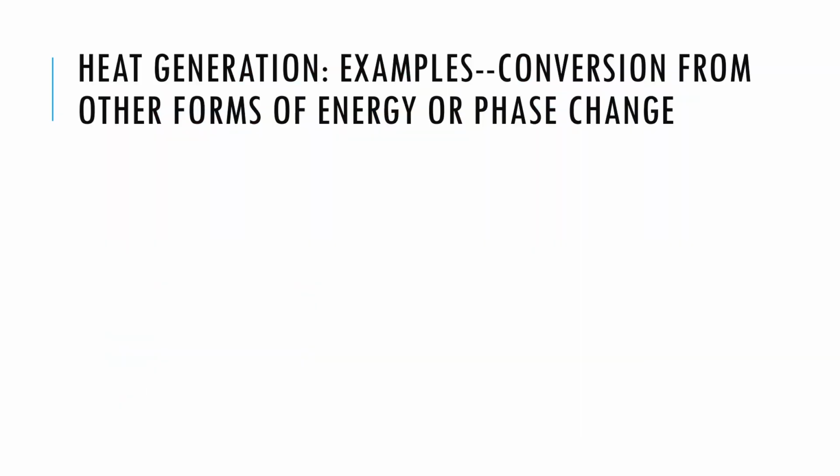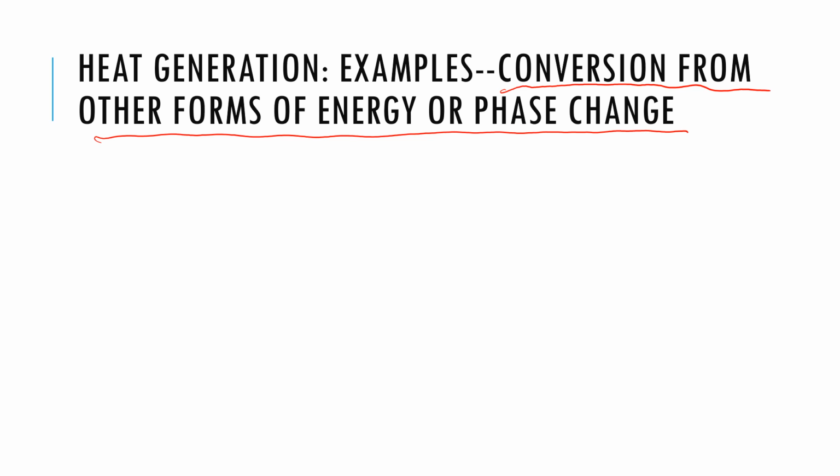Now a little bit more details of those terms in the previous slide. One of those was heat generation. So heat generation, what is the meaning of heat generation? It's really conversion from other forms of energy to thermal energy or change of phase.